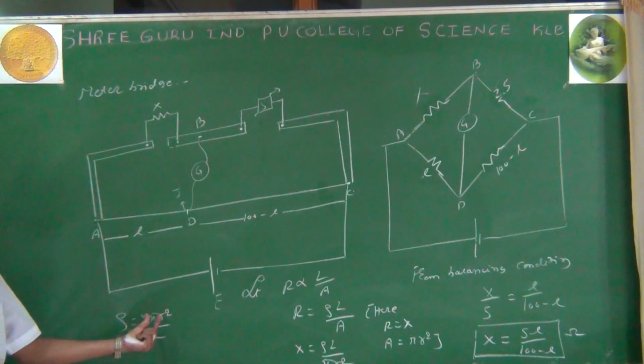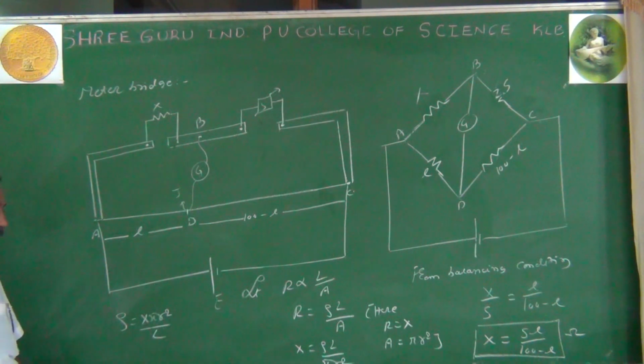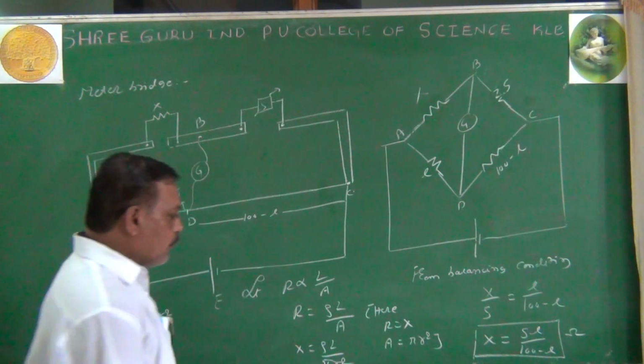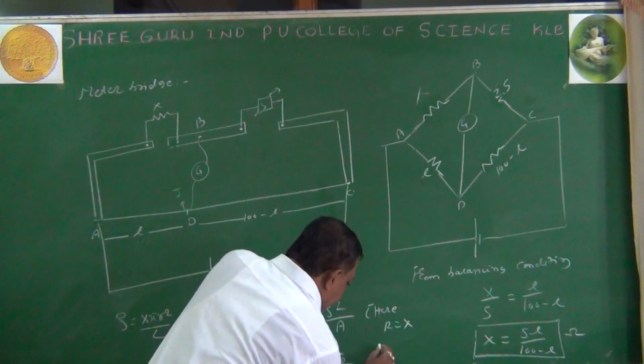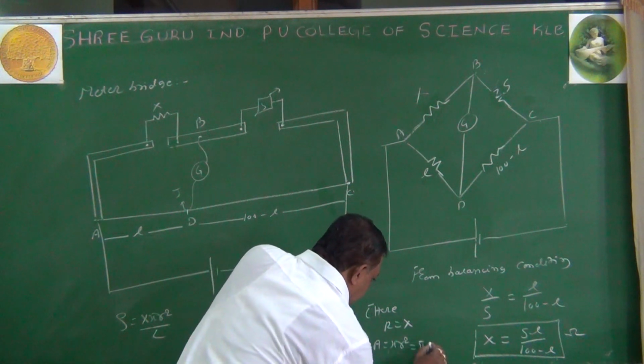In the practical examination, the diameter is directly given. Then instead of r, I go for the diameter. A equals pi r square, and radius equals half of the diameter.